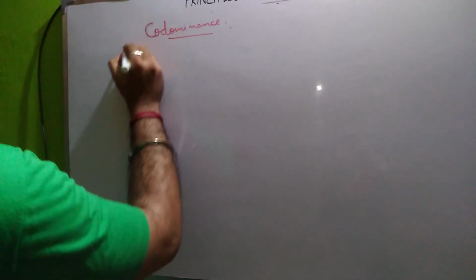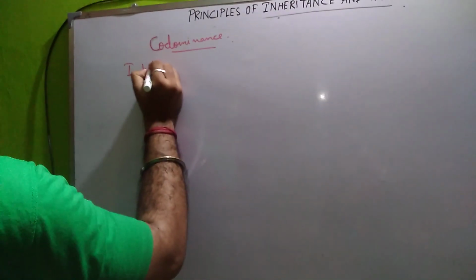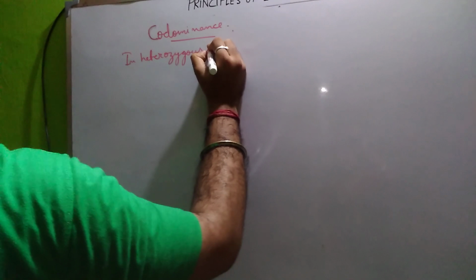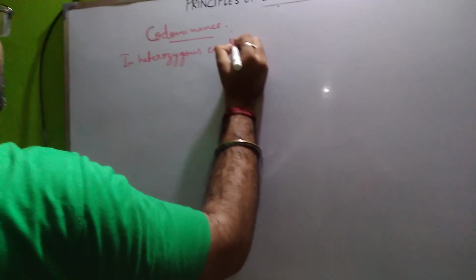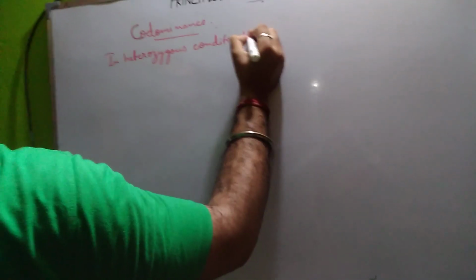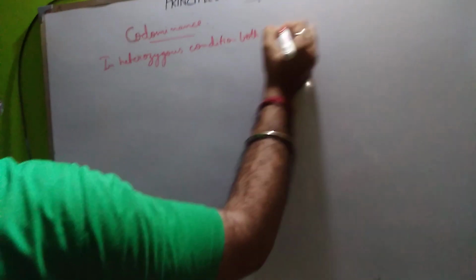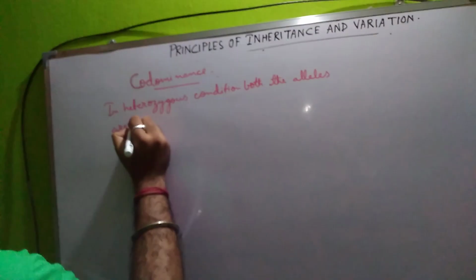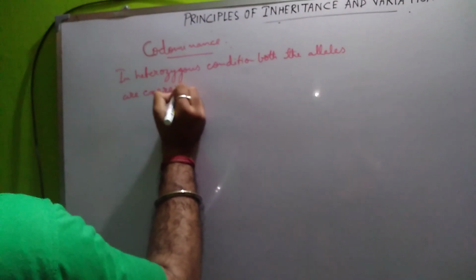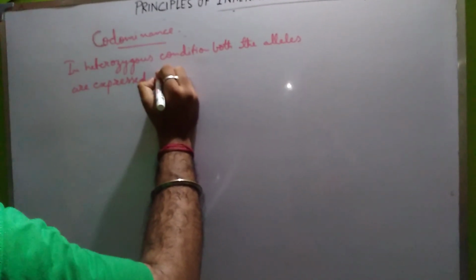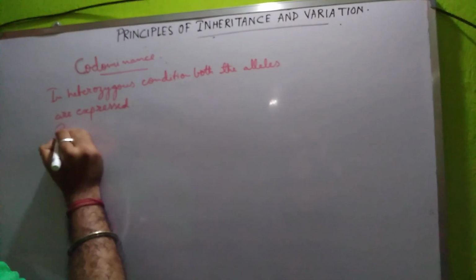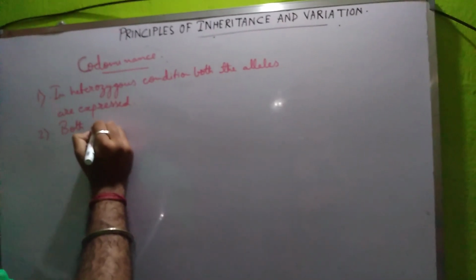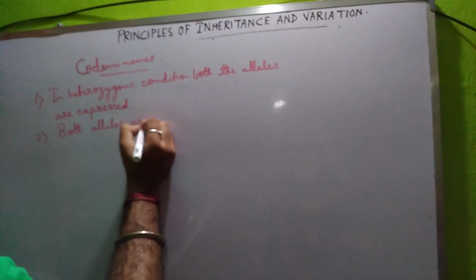In codominance, in the heterozygous condition, both the alleles are expressed. Here both the alleles will be expressed. Both alleles are dominant.